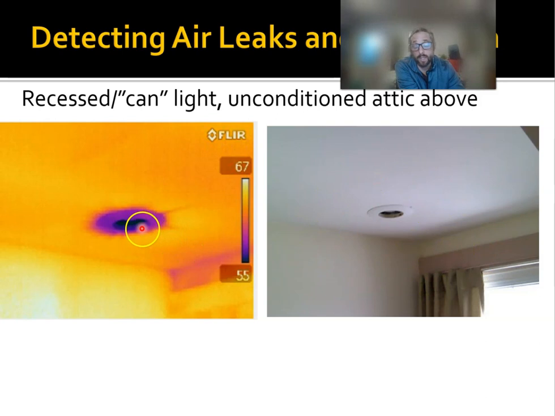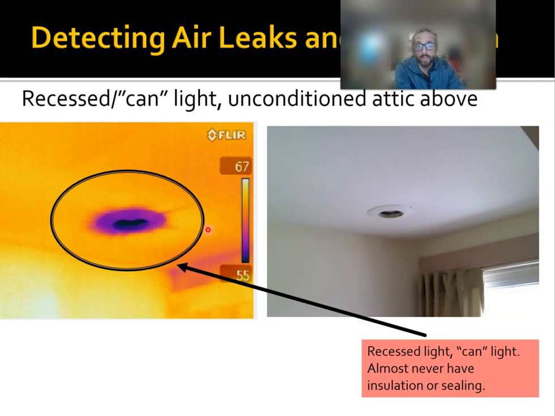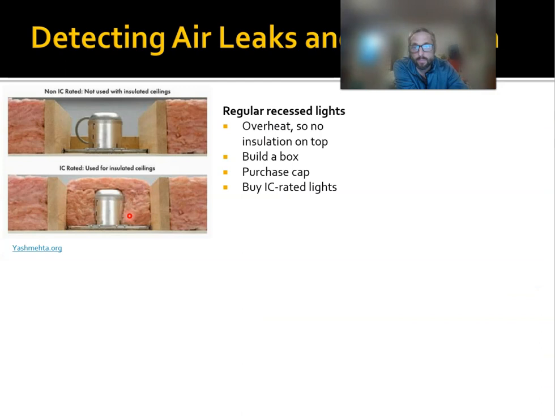Here's the infrared. I mean, it's just like, whoa, what's going on? With a black hole there. So this is really, really common to not have insulation. You can see streaks, so that's not sealed up either. And so you need to fix that.